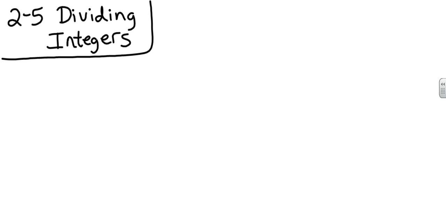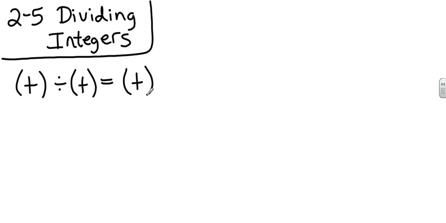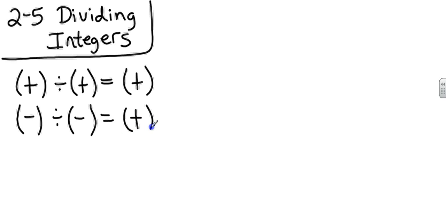So if you had a positive divided by a positive, your answer is going to be a positive. If you have a negative divided by a negative, because they're the same sign, remember the multiplication rules, your answer is still positive.